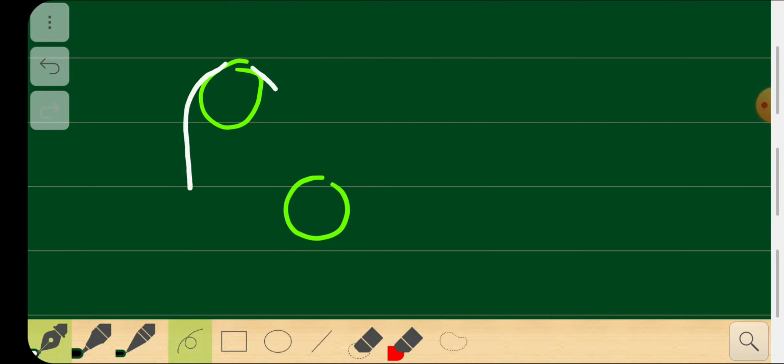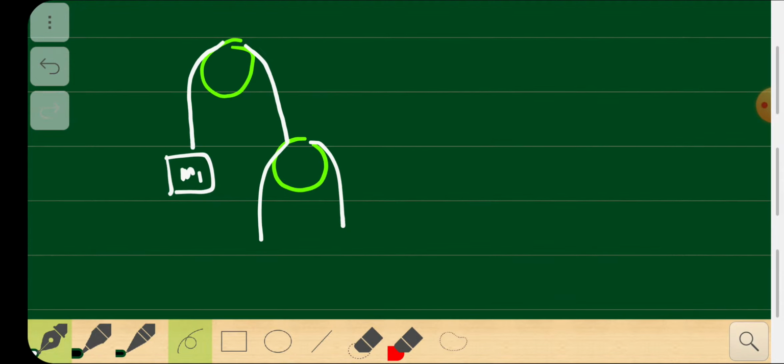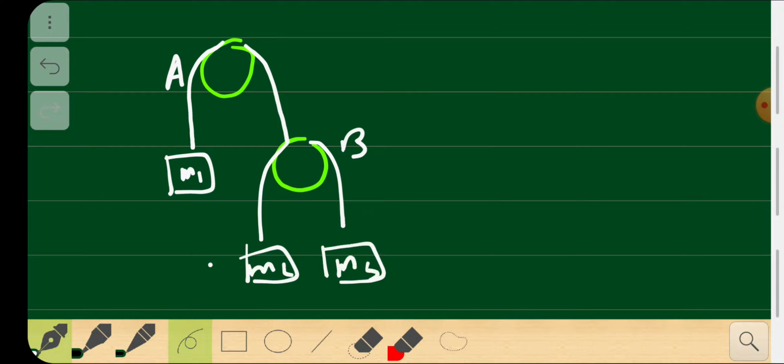The strings come in, and I have the mass m1, and I have two masses hanging onto this pulley. Let's call this the A string, and this is the B string. So there are two masses, m2 and m3. So this is the situation redrawn.